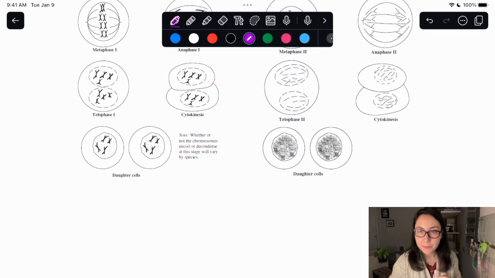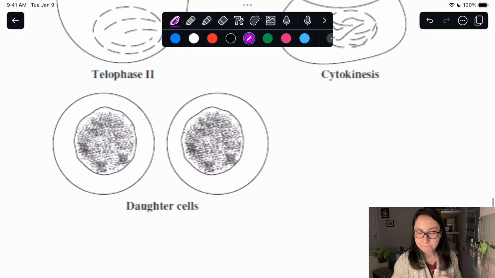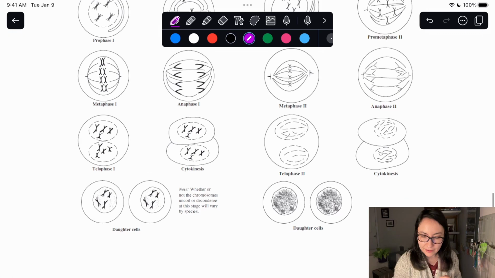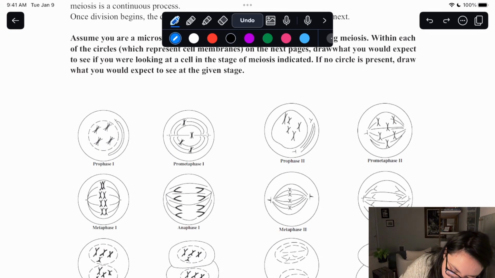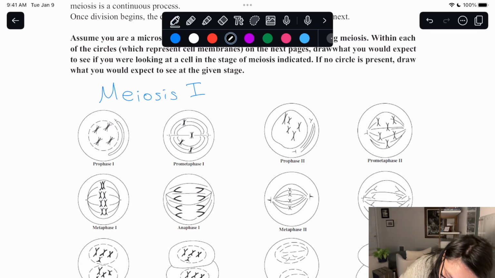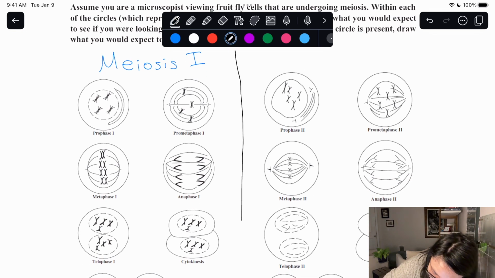Actually, I changed that to purple. Okay. Here's why. At the end of, this is over here. I'm going to put this in blue. This is your meiosis 1. And then I'm going to put a line right in the middle.